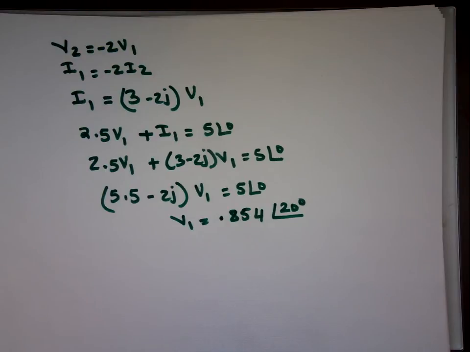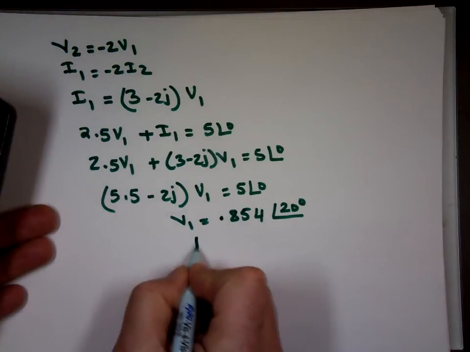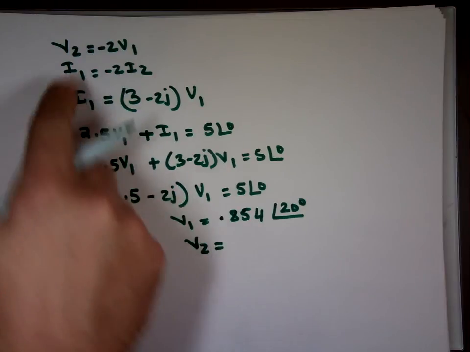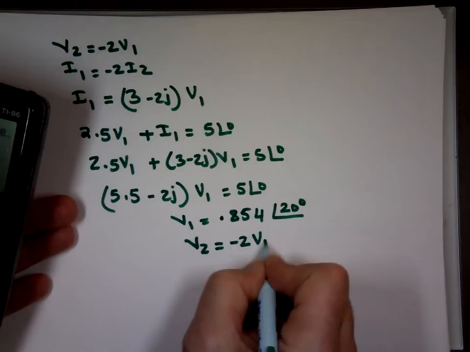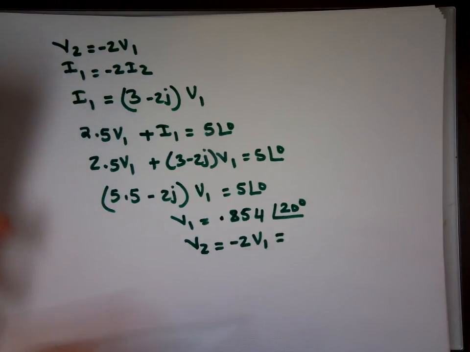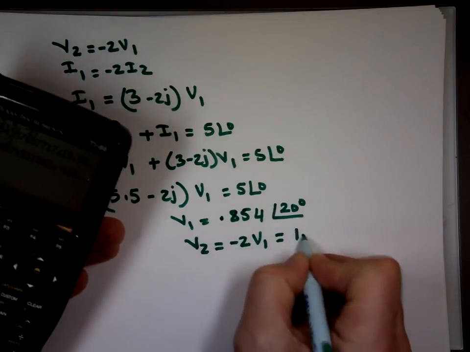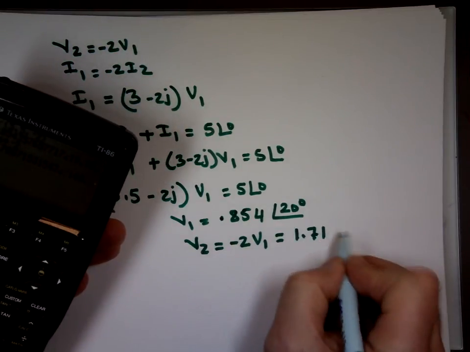If I know V1, can I find V2 while I'm at it? Right here, V2 is negative 2 times V1. So multiply the answer by negative 2. 1.71 angle negative 160.